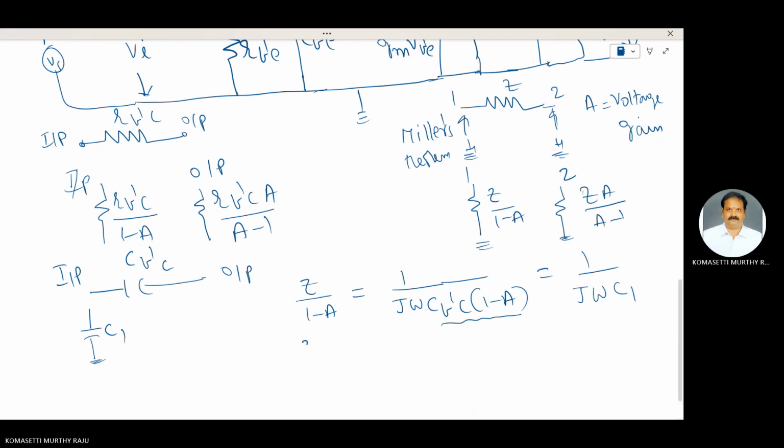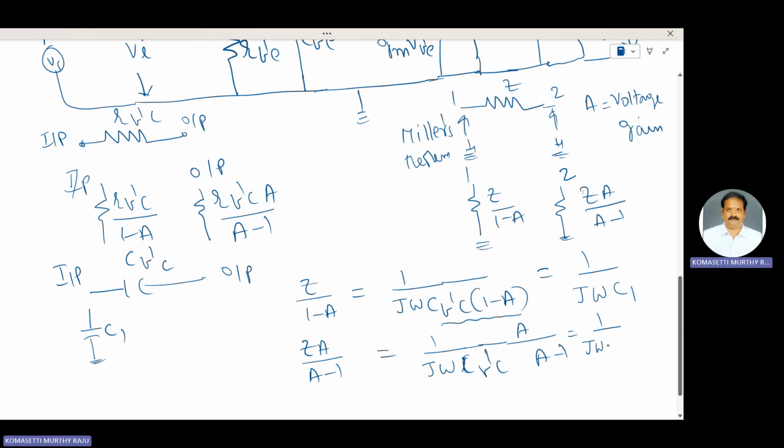Similarly, at the output side, ZA by A minus 1, where Z is the reactance of that capacitor, 1 by j omega CB'C. So it is 1 by j omega CB'C into A minus 1 by A. CB'C into A minus 1 by A is C2, giving 1 by j omega C2.